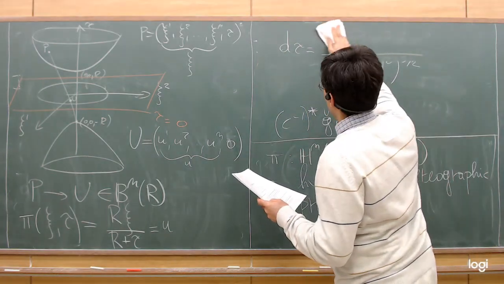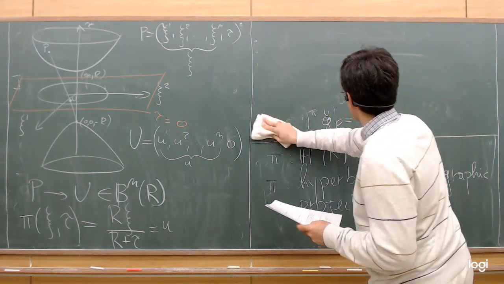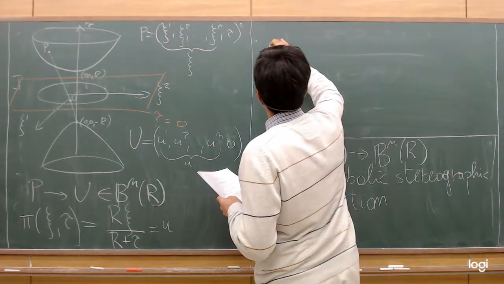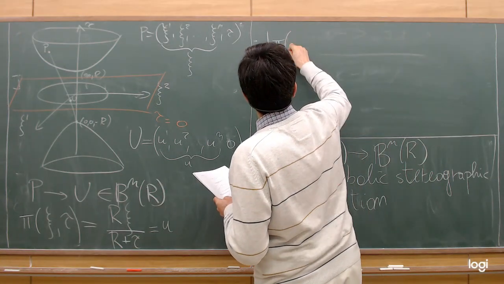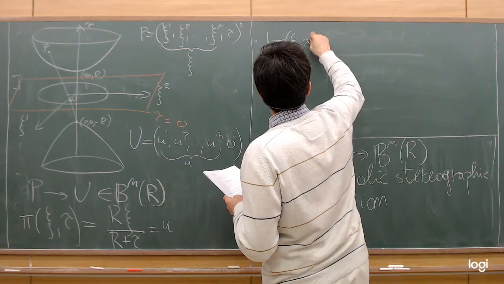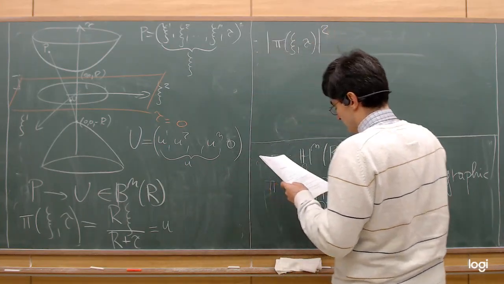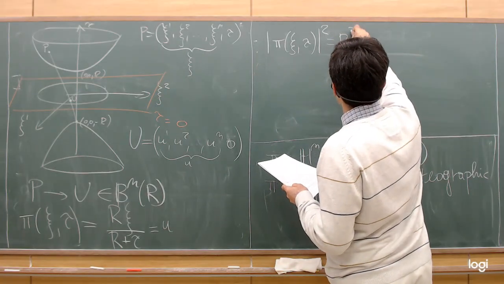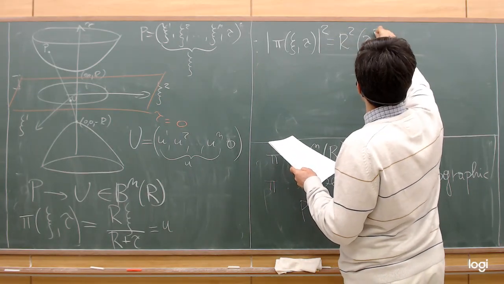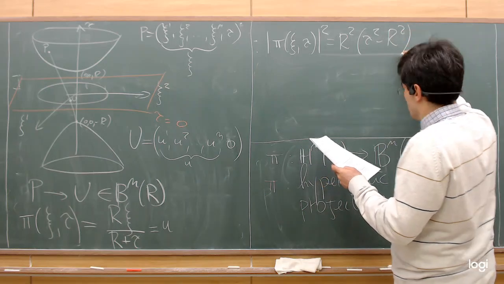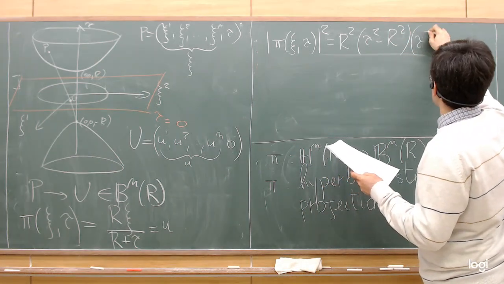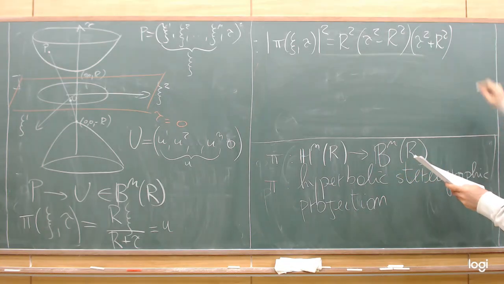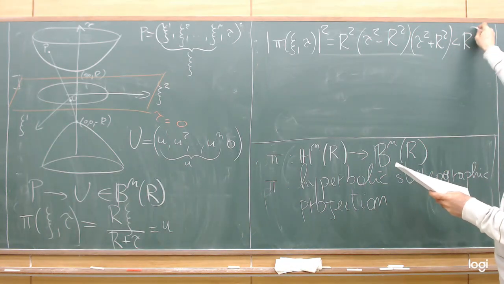And you can prove that this one is r square tau square minus r square tau square plus r square, which is more than r square.